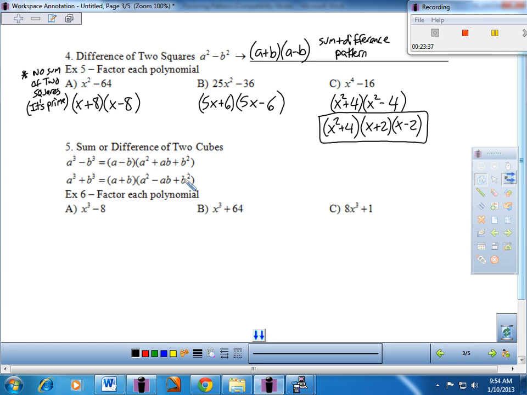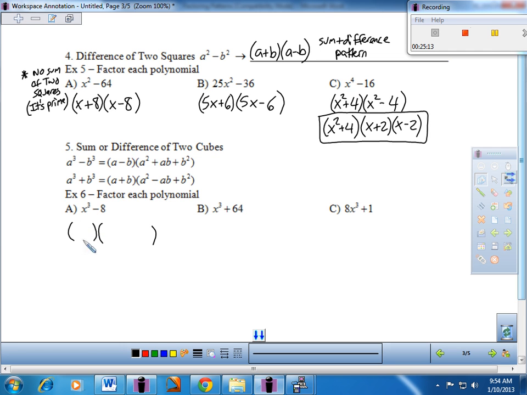Okay, so the first order is to recognize. And so the first thing I see here is a difference. This obviously is a perfect cube, and 8 happens to be a perfect cube. Think about what cubed would give you 8. So the way to pull this off, everybody, is to make a small parenthesis times a larger parenthesis. And the way you do this, to start it out, is this is your linear factor right here.